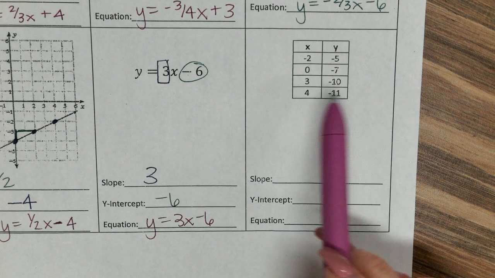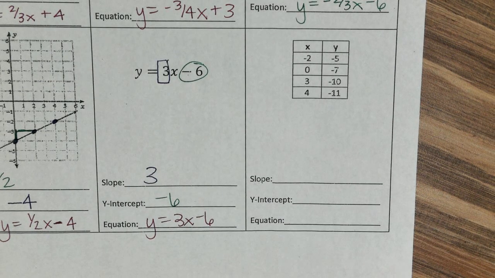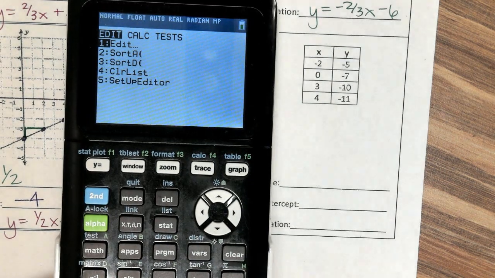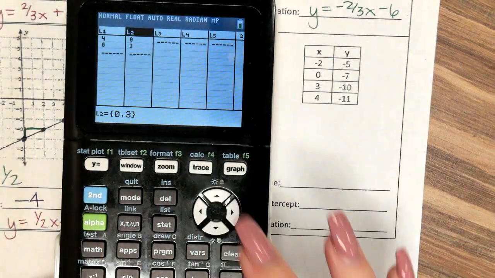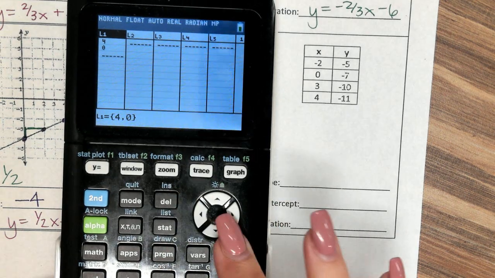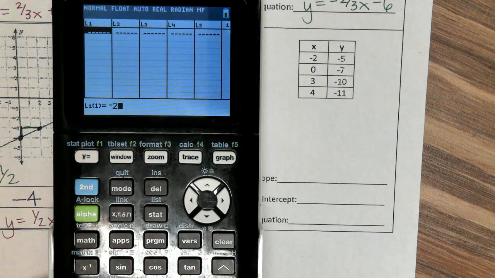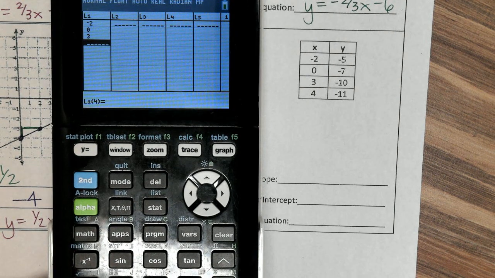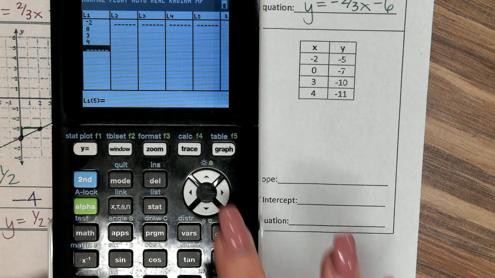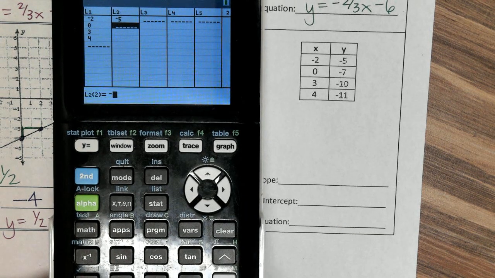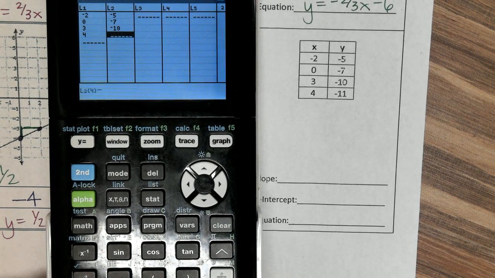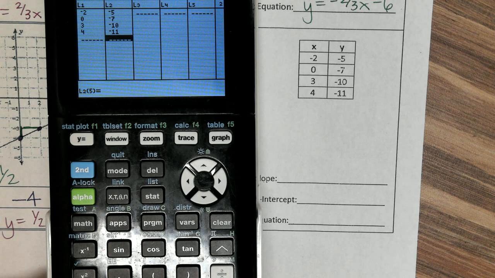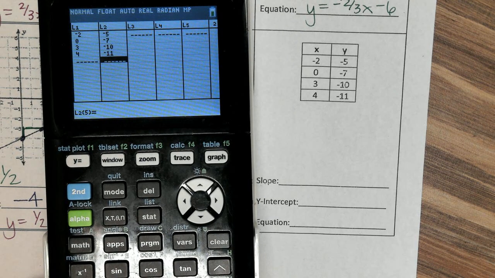All right, this one, how would you do it? Stat. Everybody go do it right now. So you're going to go to stat. Now what do I hit? Edit. I need to clear out my list. Now that my list is in, where do I go?